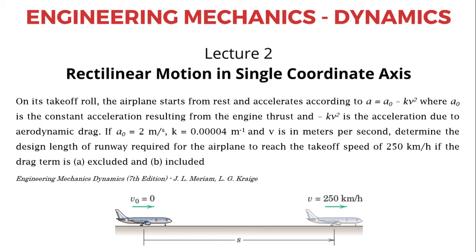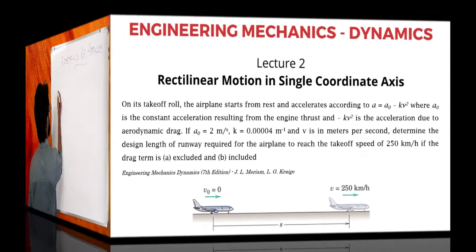If a0 equals 2 meter per second square, k equals 0.00004 per meter and v is in meters per second, determine the design length of runway required for the airplane to reach the takeoff speed of 250 kilometers per hour. If the drag term is (a) excluded and (b) included.